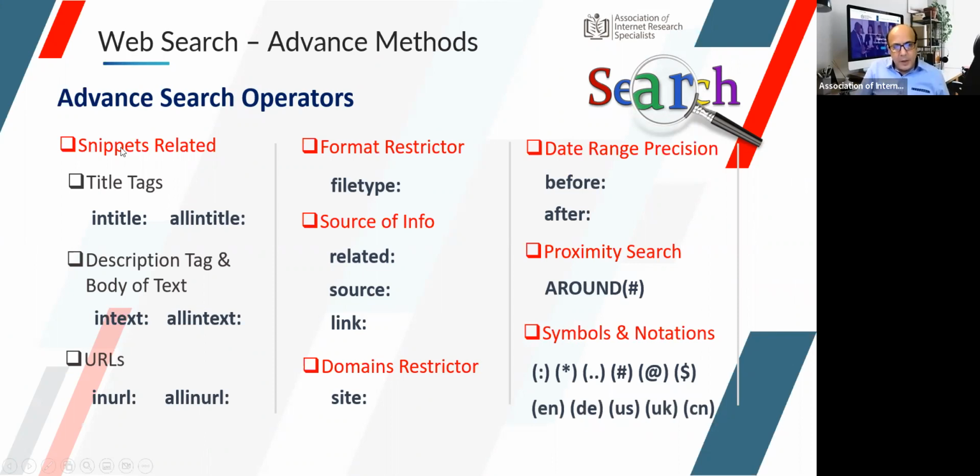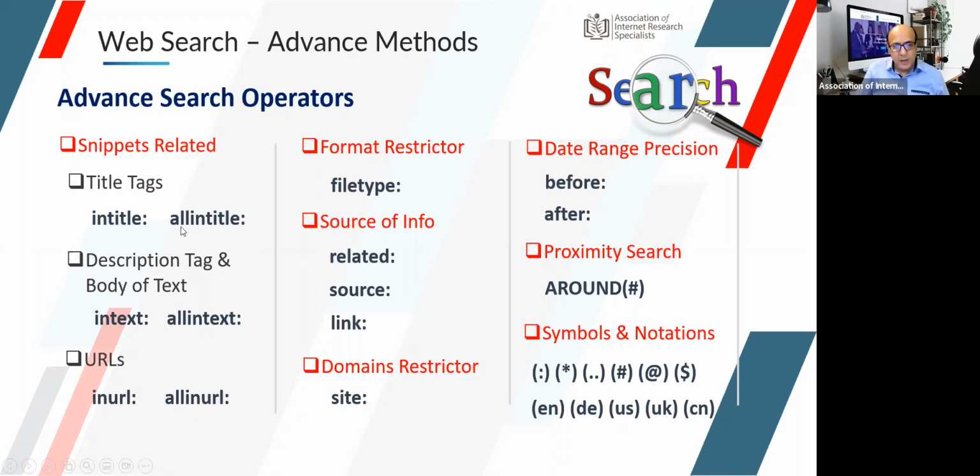So in the red fonts, the first tab is snippets, which is the different advanced operators that sit under the main category of snippets-related advanced search operators. Within these snippets is a title area.